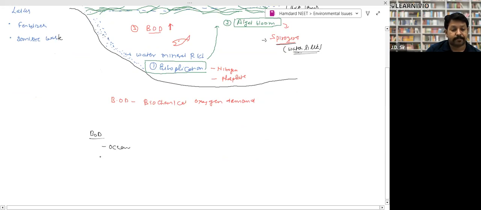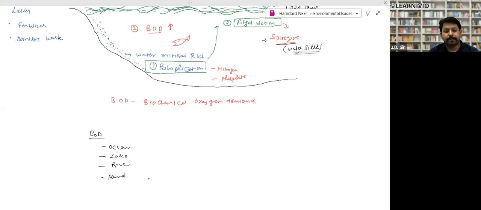Ocean, lake, river, pond. So which of the following will have more pollutant or more organic waste material? Come on, guys. Mamuna, Ellen, Aksa, which of the following will have more polluted water?